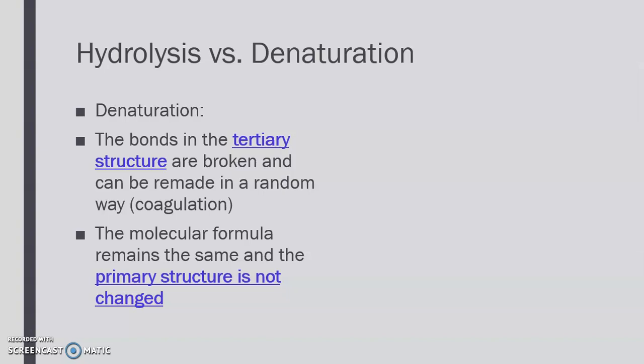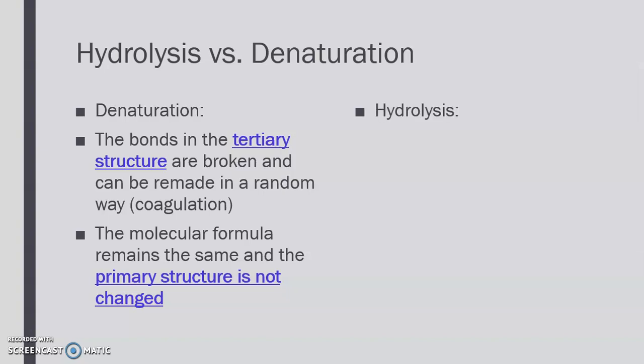The protein is no longer useful, or you can say that if the protein is acting as an enzyme, then the enzyme gets totally destroyed because the shape of the active site gets totally destroyed. But the primary structure, the polypeptide chain, the sequence of amino acids remains intact because the covalent bond that forms the amide linkage remains the same. That cannot be changed just by changing temperature or pH. That's just not strong enough.